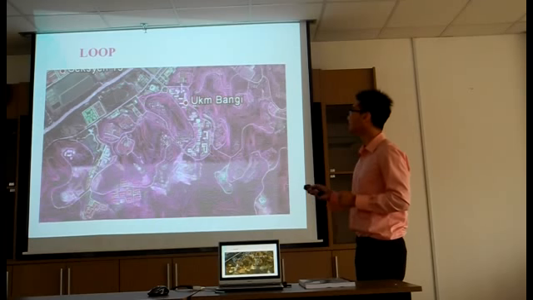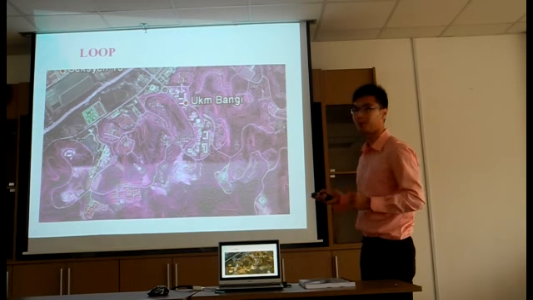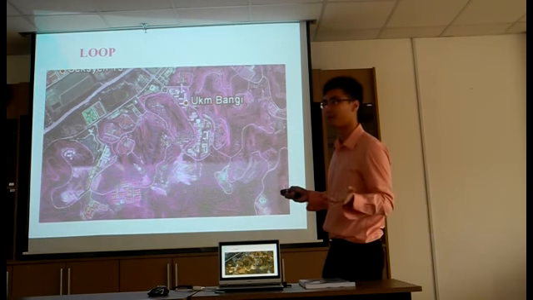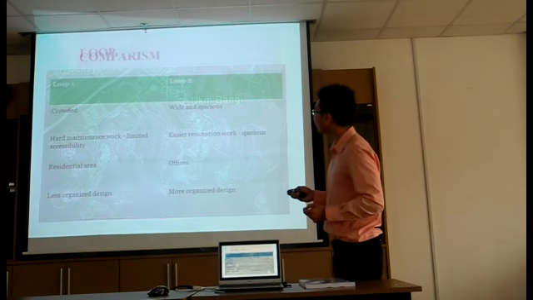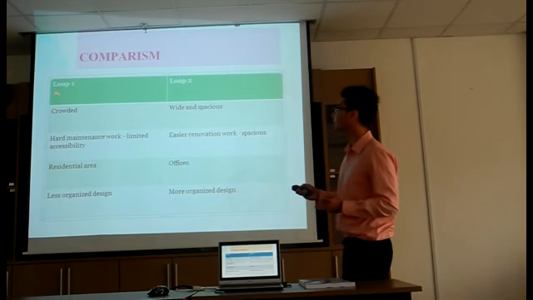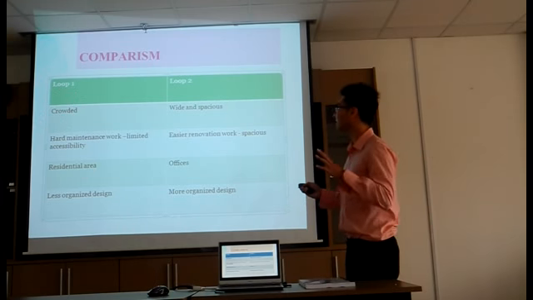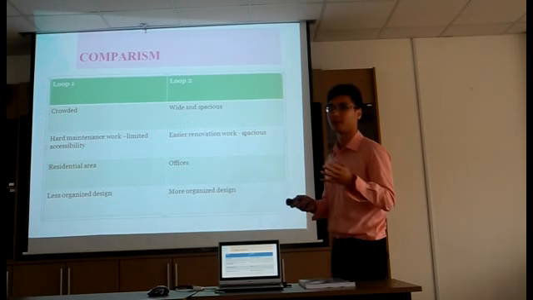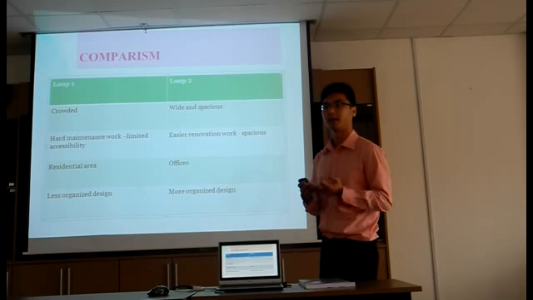First, the contour maps of UKM, Loop 1 and Loop 2, were done in the last semester, and I converted them into a table. Loop 1 is very crowded and full of residential areas, while Loop 2 is wider and has more offices. Loop 1 has the Chancellery, KKM, and KRK.